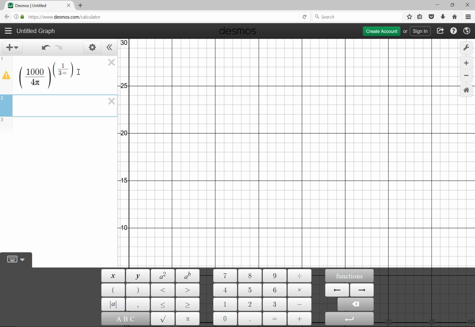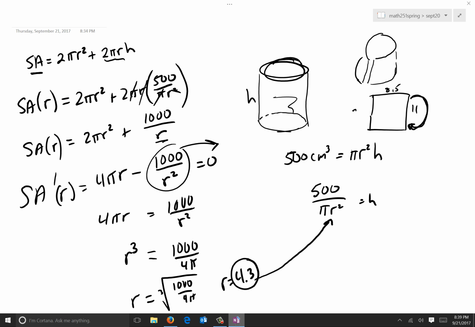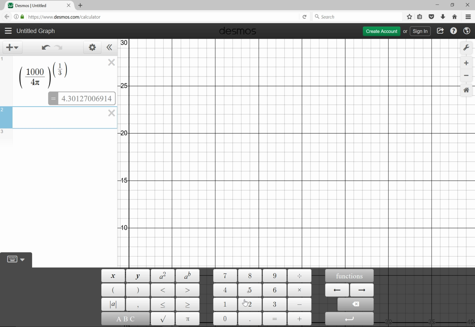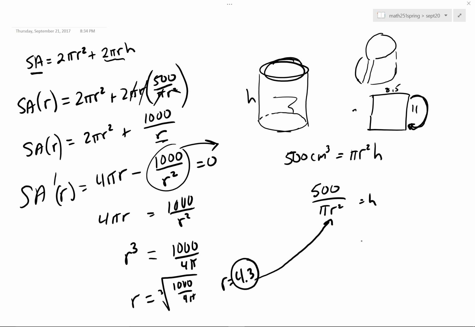So, oops, what just happened? I don't know. Something's weird. Alright, now. So 500 divided by pi times 4.3 squared is roughly 8.6, which is what it should be.